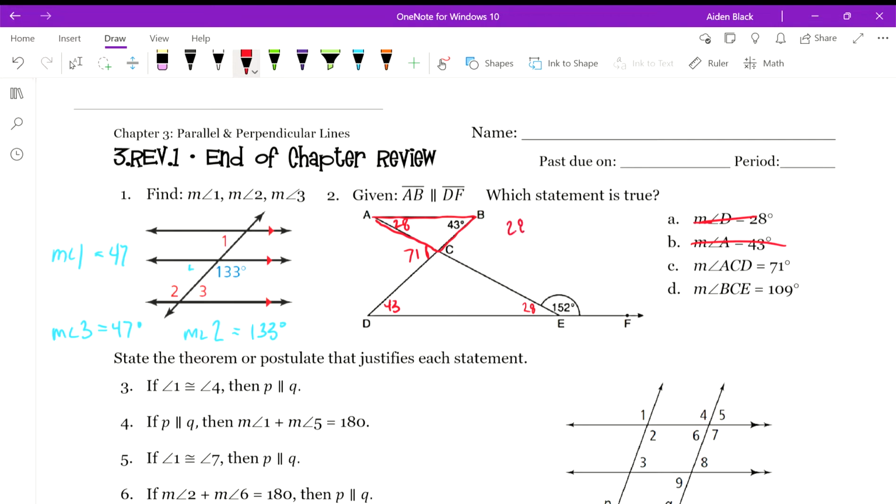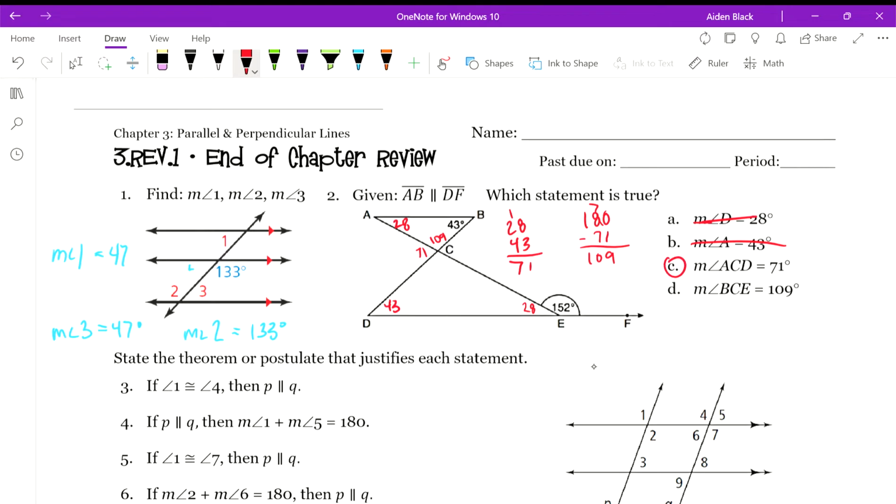So 28 plus 43 is 71. Then this will actually work out because this angle here is supplementary to 71. They need to all add up to 180. So let's see. 180 minus 71 would be 109. So since this would be 109, this angle here, ACD, must be 71 degrees. So this one is true.